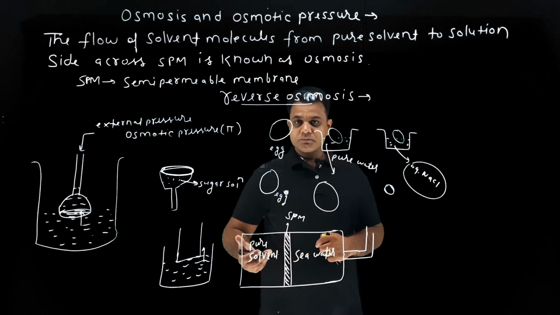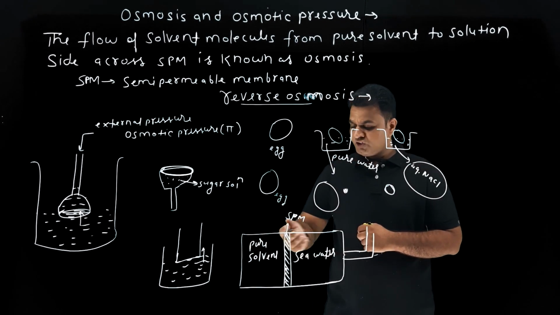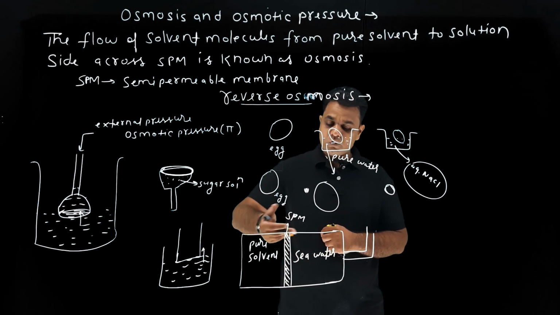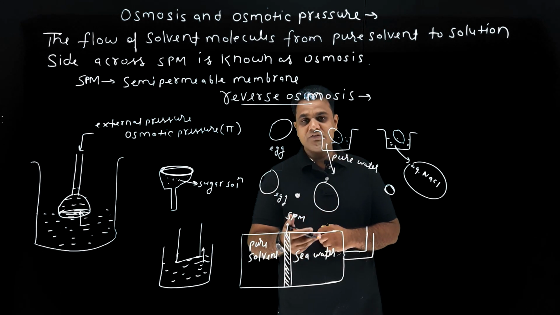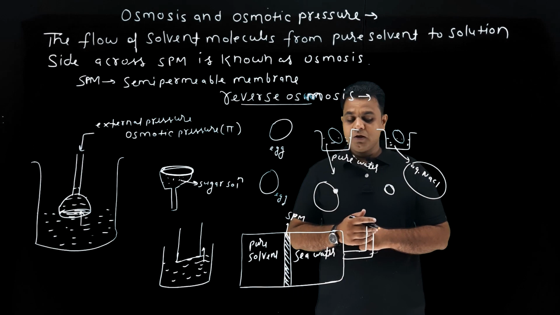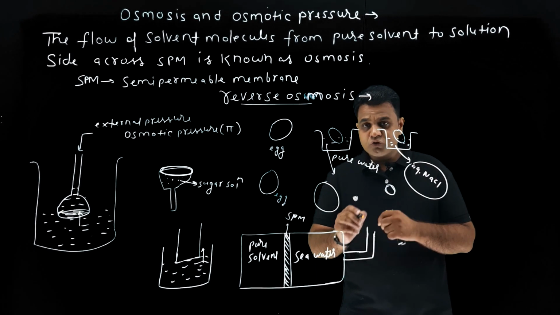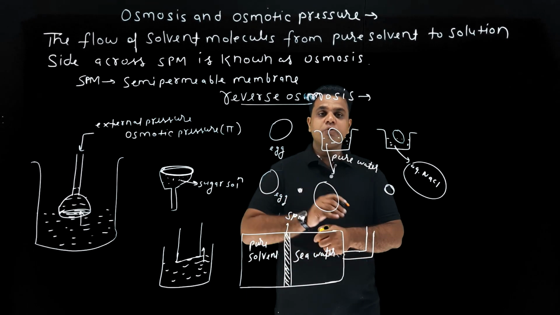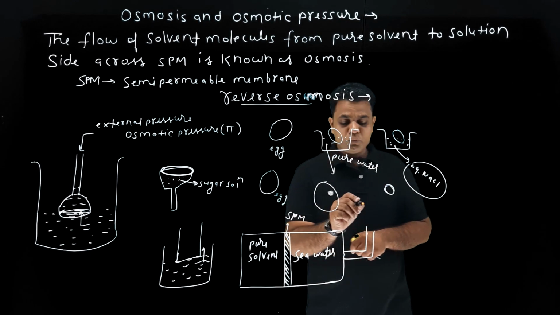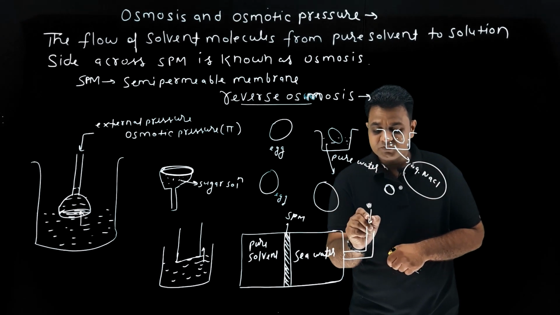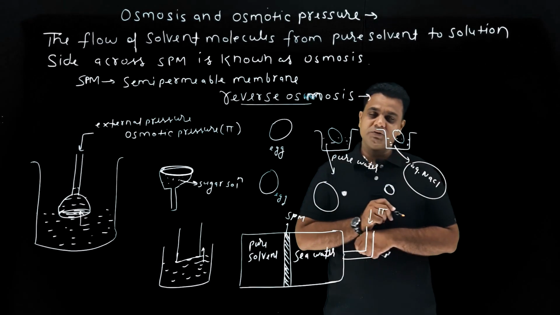Normally students, through this SPM, pure water molecules flow towards the seawater, or we can say the solution side. To stop this flow of pure solvent towards seawater, we must apply excess pressure, that is known as osmotic pressure.